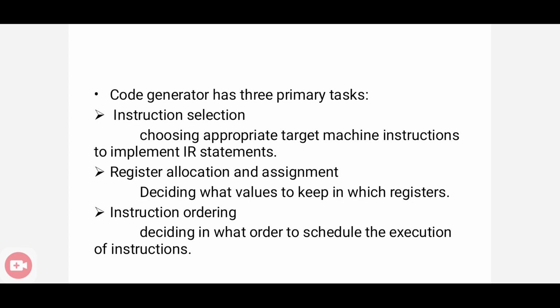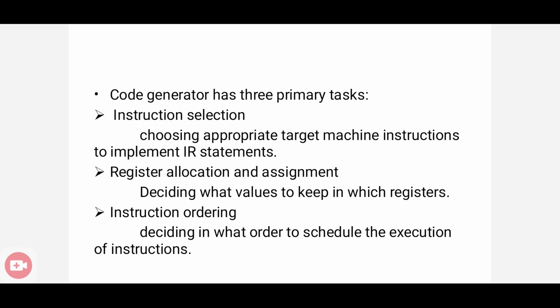So what is actually in all this? Instruction selection means choosing appropriate target machine instructions to implement the IR, the intermediate representation statements. The second one is register allocation and assignment.